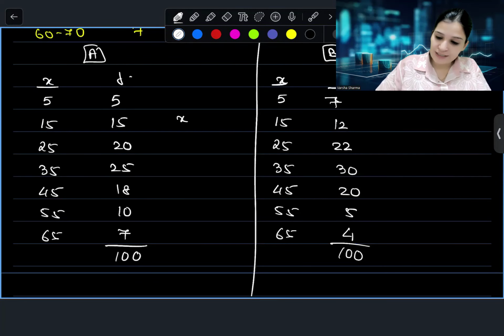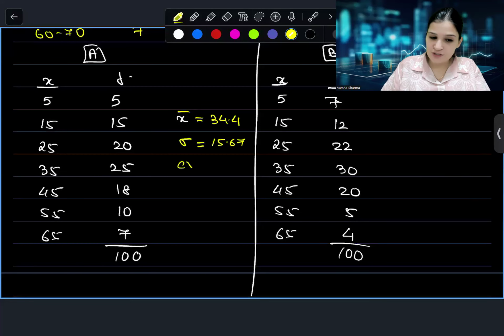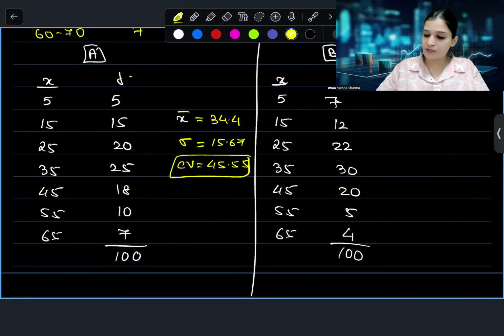So for the first one, what is the mean? 34.4. Standard deviation 15.67. So CV is 45.55. For the second data, the mean is 32.5.